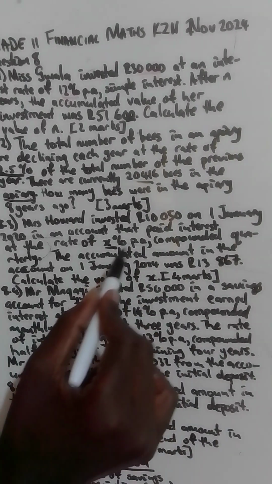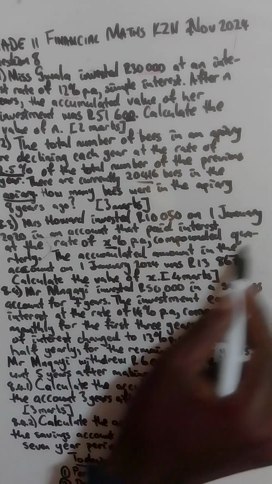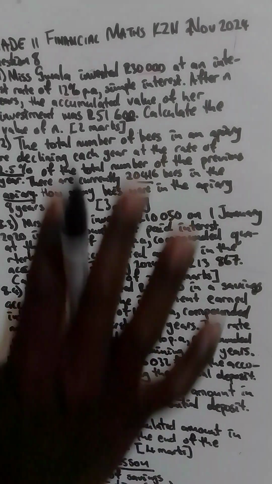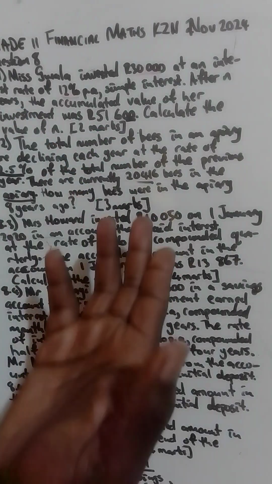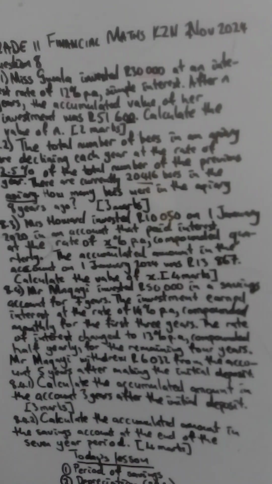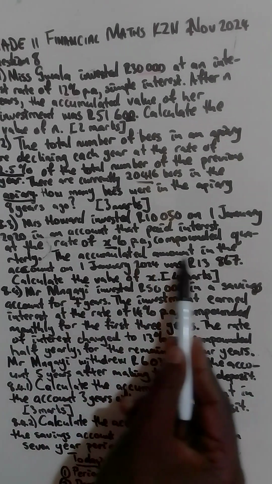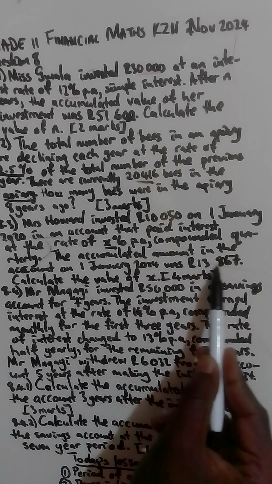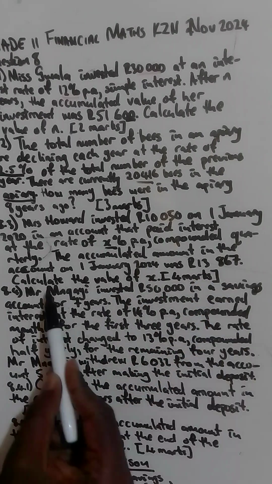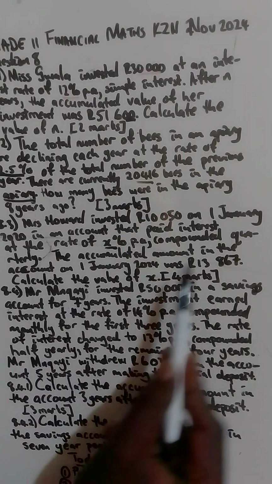And this X% per annum is compounded quarterly, right? Meaning to say it compounded 4 times. Remember, a year has 12 months, and when we say quarterly, we say 12 divided by 4. So after every 3 months, it would compound. All right. The accumulated amount in that account on 1 January 2024 was 13,867. Calculate the value of X.